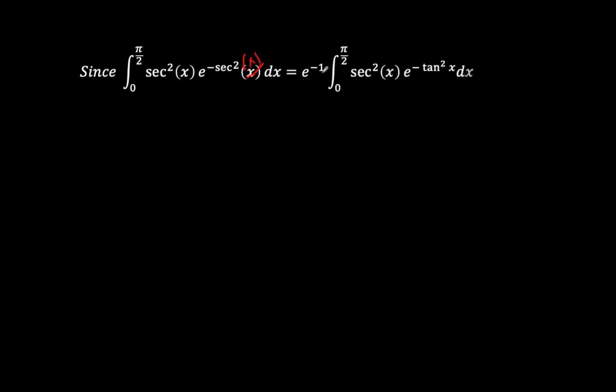So now our original integral is equal to e to the power negative 1 times the integral from x equals 0 to x equals pi over 2 of sec squared x times e to the power negative tan squared x.